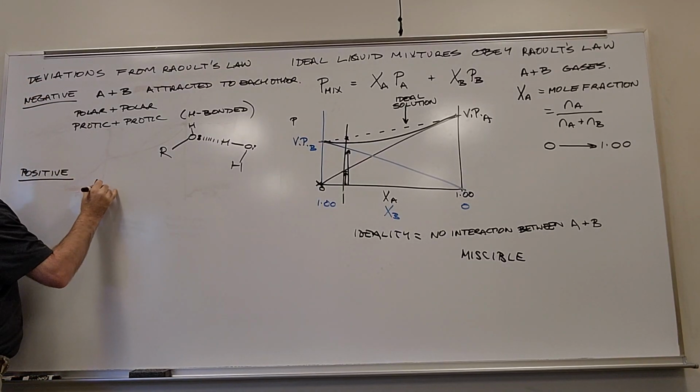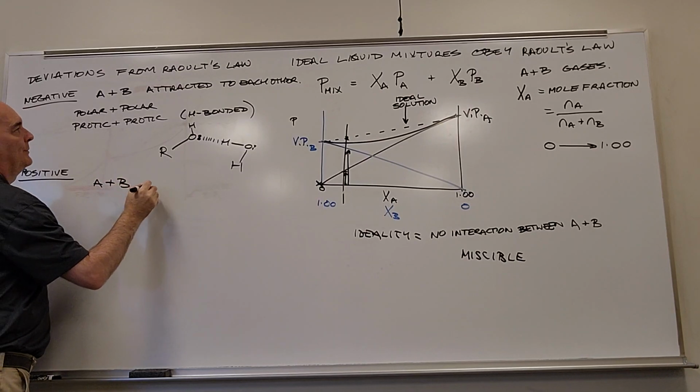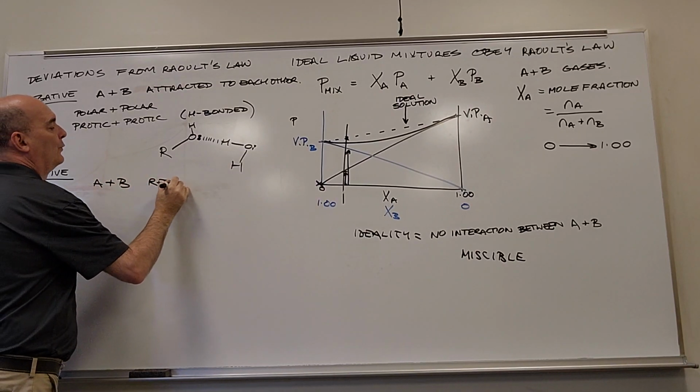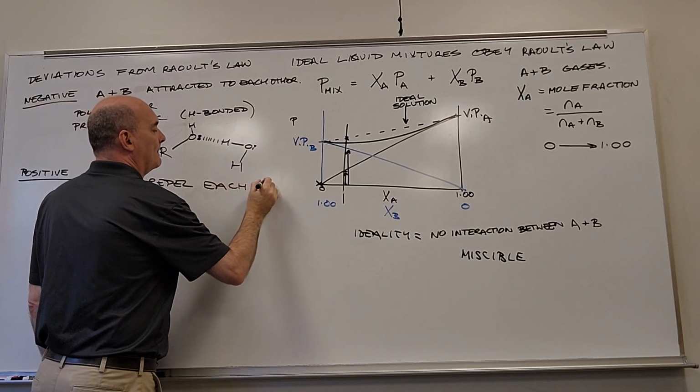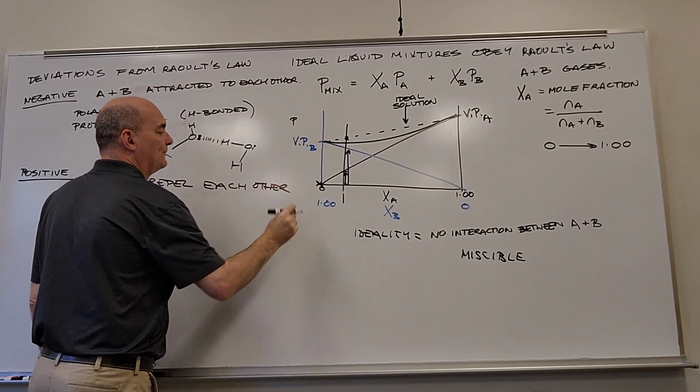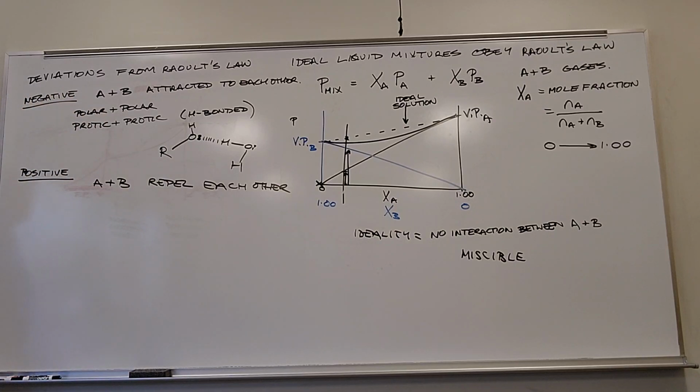In a positive deviation, A and B repel each other. Now, there's a limit here, because if they repel each other very, very much, you'll make two layers. You'll make an immiscible mixture of polar and non-polar, and the oil and water won't mix.